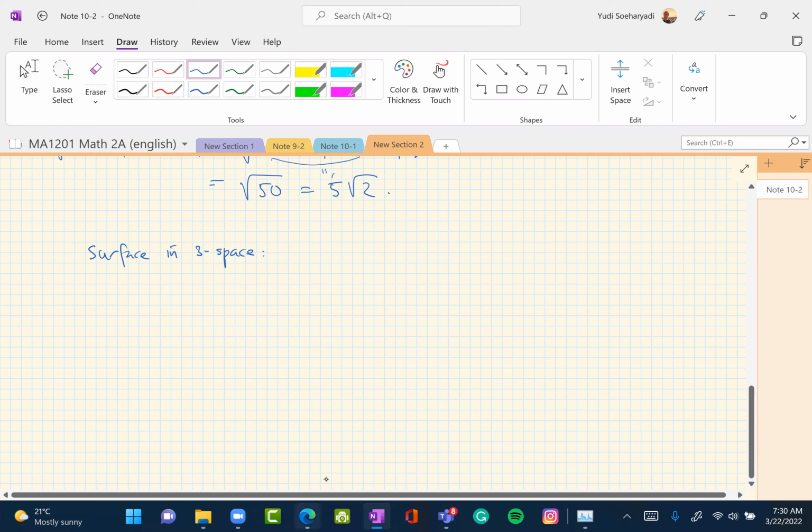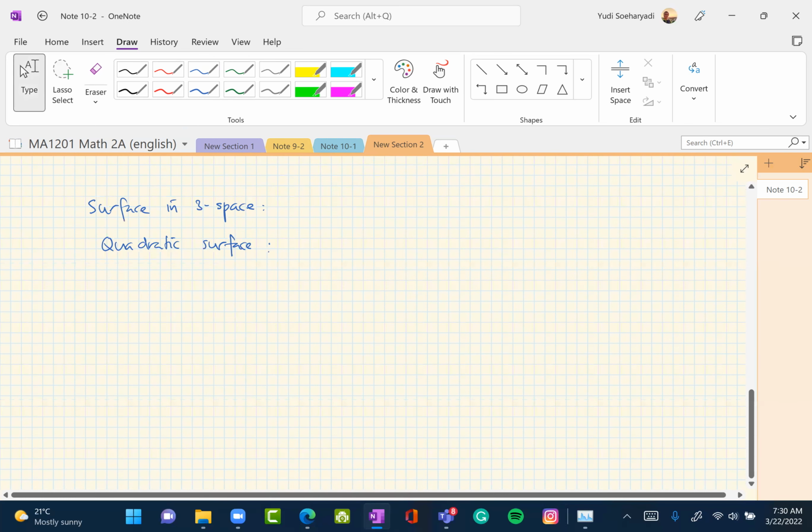This is a generic surface. So in general, this is what we call a quadratic surface. What is a quadratic surface? A quadratic surface is a polynomial in terms of x, y, z here.